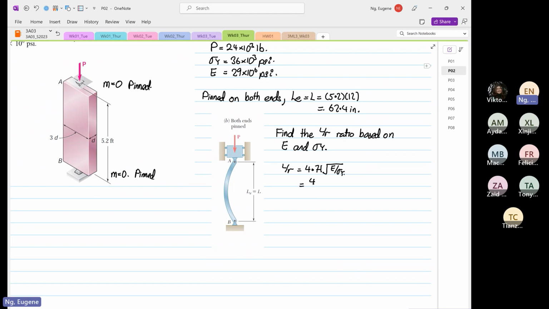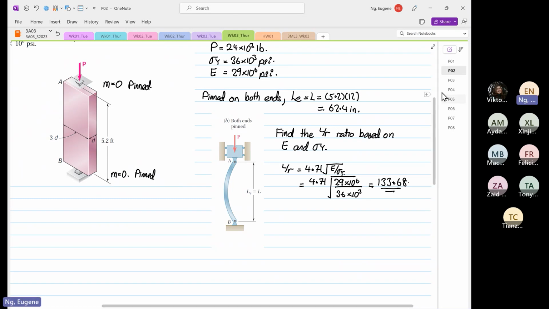So this is equal to 4.71 square root of 29 times 10 to the power 6 divided by 36 times 10 to the power 3. Multiplied by 4.71, it is 133.68.